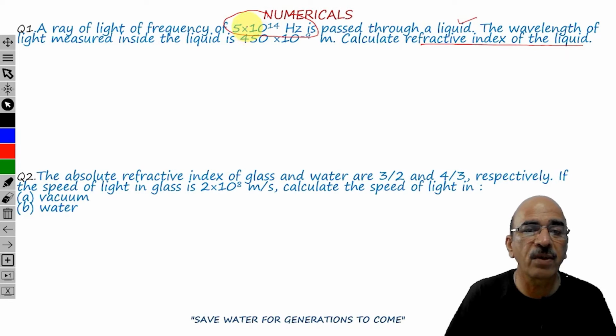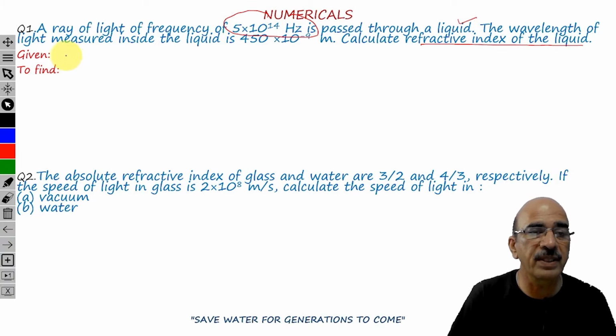So now first of all we need to find what is given, because it helps us to solve the numerical very easily, and then you will recall which formula will be used here. So first of all we write given, and after that we write to find. Given is frequency of light, f of light is 5 into 10 raised to 14 hertz.